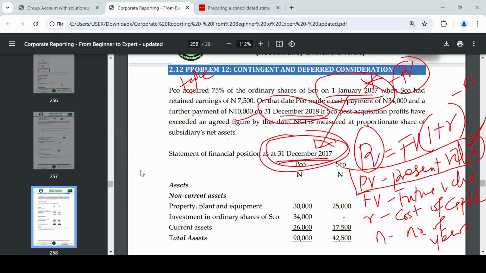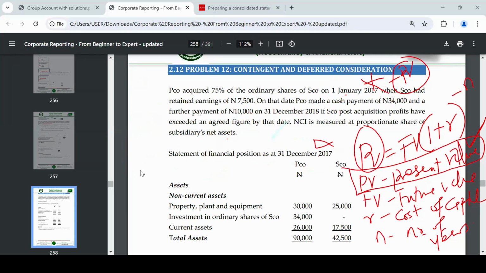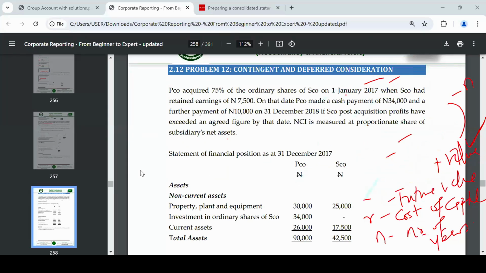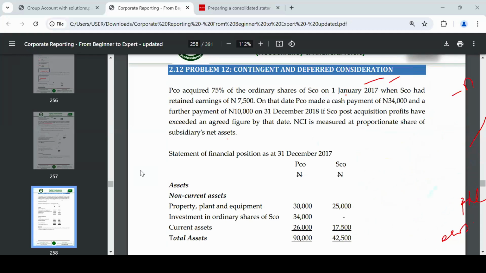especially if you have forgotten this deferred consideration. Let's do it together. We're told PICO acquired 75% of the ordinary shares of ESCO on 1st January 2017 when ESCO had retained earnings of 7,500.